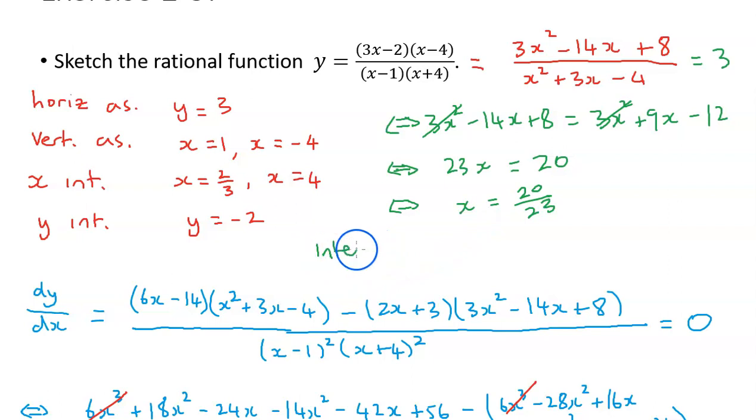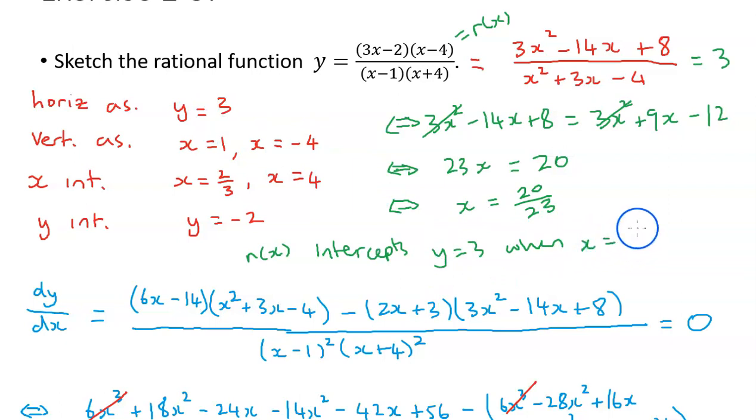So our function r of x intercepts the horizontal asymptote y equals 3 when x equals 20 over 23 and no other value.